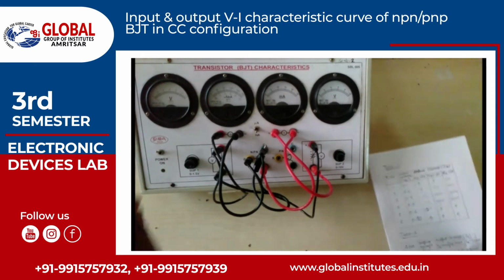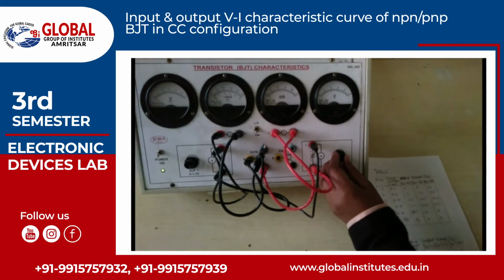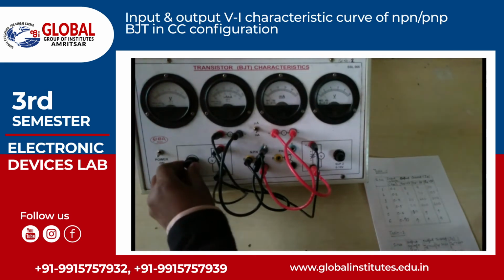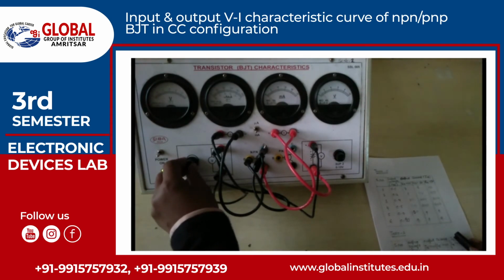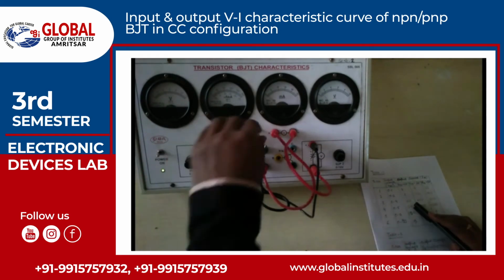Okay, so first of all, we will set the VCE voltage to 1 volt. According to that, vary the input voltage. First of all, it is at 0.1 volt. Then record the current. Next, it is set to 0.2 volt, then it is 8 microampere.